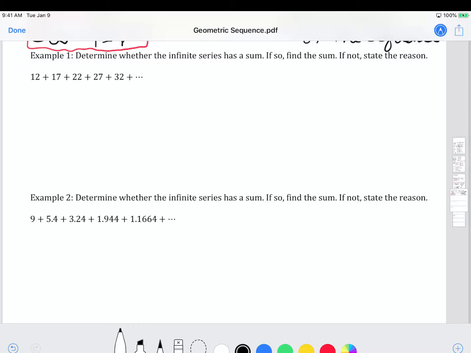Looking at the first example, it says determine whether the infinite series has a sum. If so, we're going to find the sum. If not, we're going to state why we can't add it. If you notice, this example is not a geometric sequence. In order to get from one term to the next, we have to add 5. This is an arithmetic sequence.